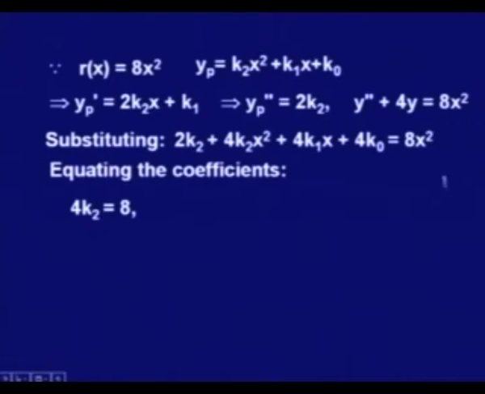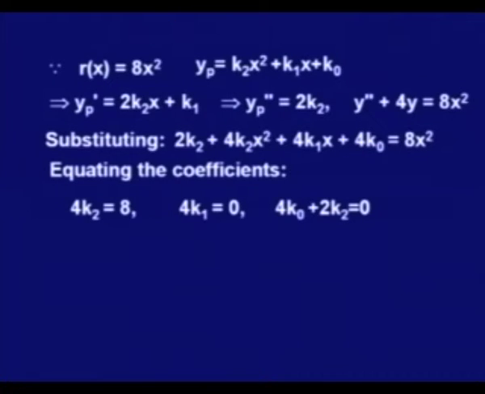Then the right hand side coefficient of x is 0, while on the left hand side the coefficient of x is 4k1. So, I get 4k1 = 0. Now, the right hand side has no constant term, while the left hand side has the constant term 2k2 + 4k0, so 2k2 + 4k0 = 0.